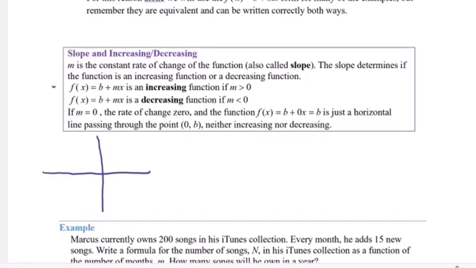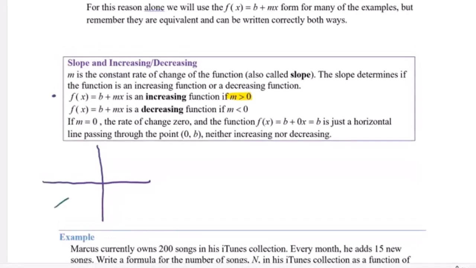So let's do the first one. This says f of x, or our linear equation, is increasing if m, the slope, is greater than 0. How can we tell if the slope is greater than 0? We always read graphs from left to right.